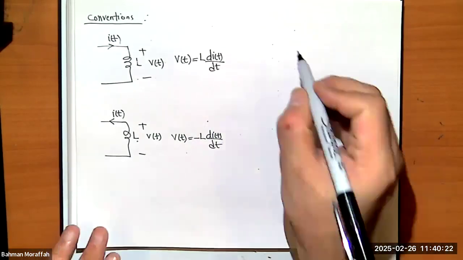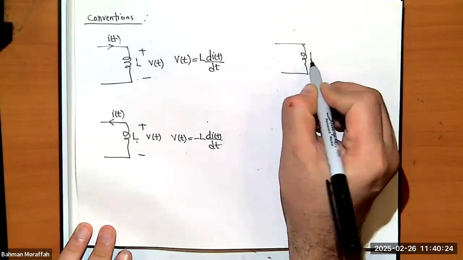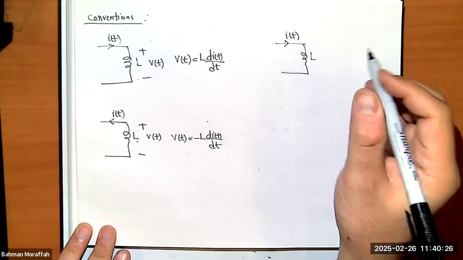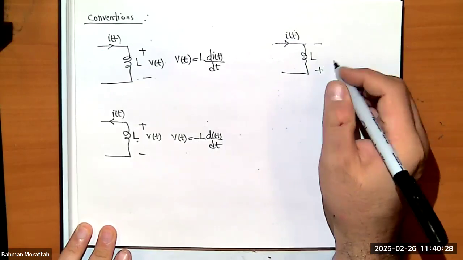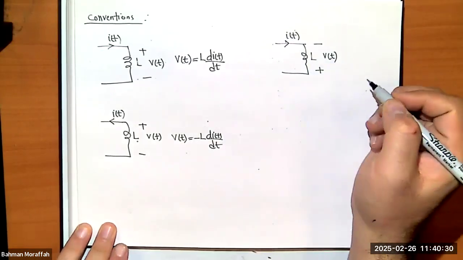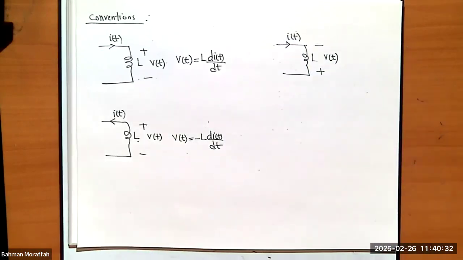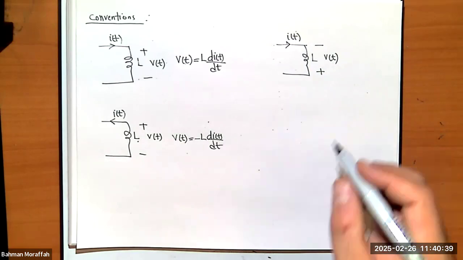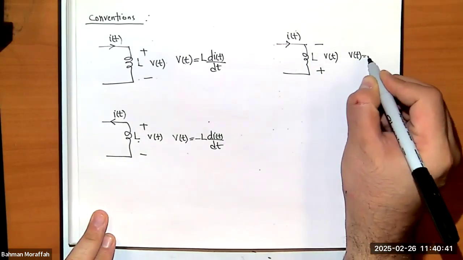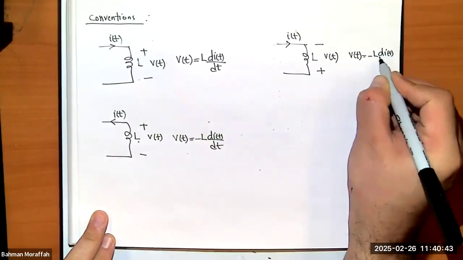How about here? I have I of t, this is negative, this is positive, this is V of t. Is V(t) positive or negative? It's negative because we're hitting the negative sign first. So V(t) is negative L di/dt.